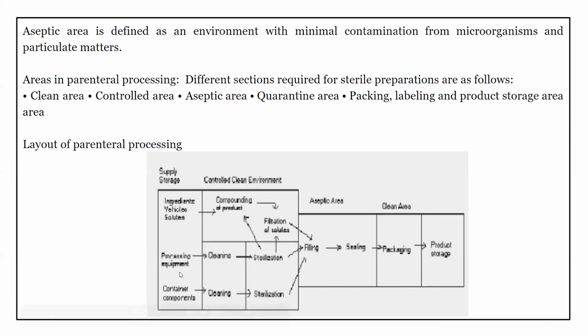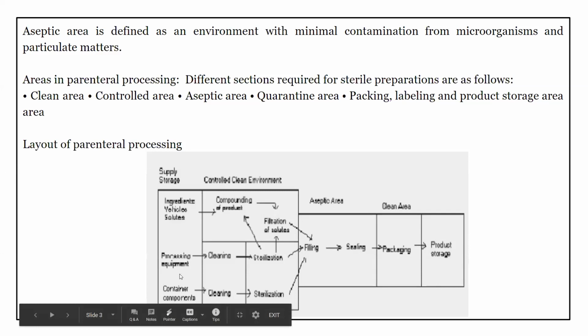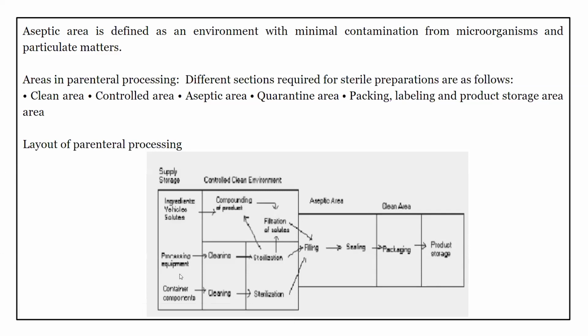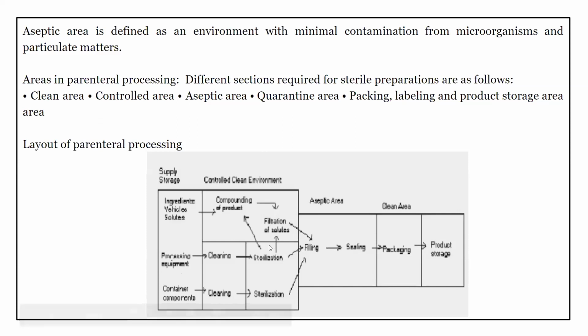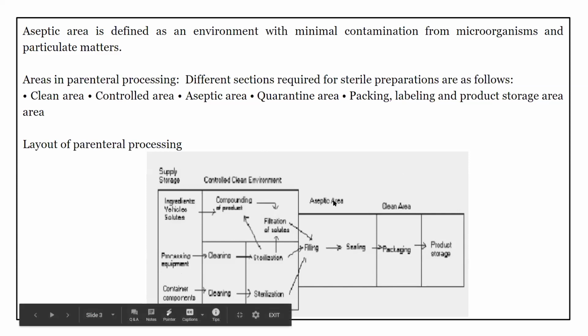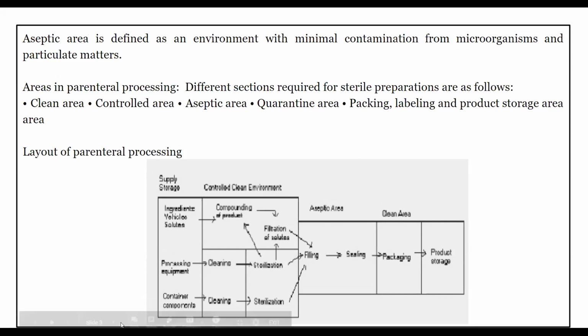The quality of air is controlled but less stringent as compared to the controlled area. And further, the controlled area quality is a little less as compared to aseptic area. So if you see, the aseptic area is surrounded by controlled area and the controlled area is surrounded by clean area.